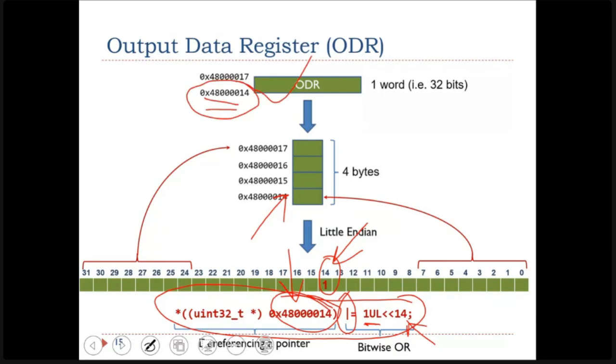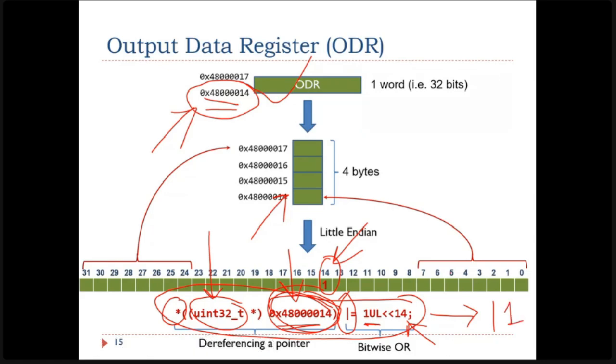You're using a pointer to that address, or you're storing that address in a 32-bit unsigned integer variable. That address is the starting address of your ODR register. That's how it goes to that location, fetches that value, and performs a bitwise OR with the value 1 on the 14th bit.